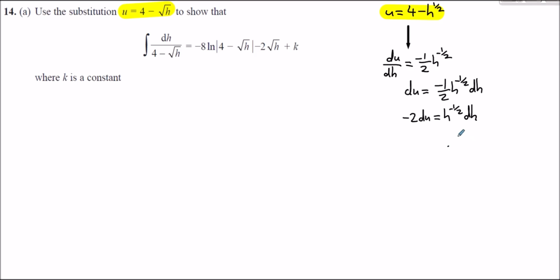Then finally, dividing both sides by h to the -1/2, I'm going to get that dh equals -2 h to the +1/2, because if I divide by h to the -1/2, it comes out as +1/2. So I worked out what dh is. So dh, which of course appears here, is -2 h to the +1/2 du.